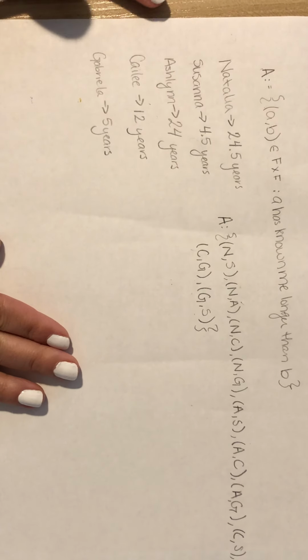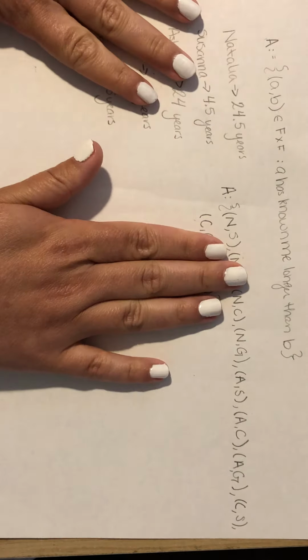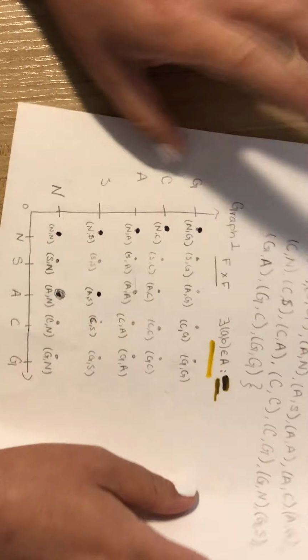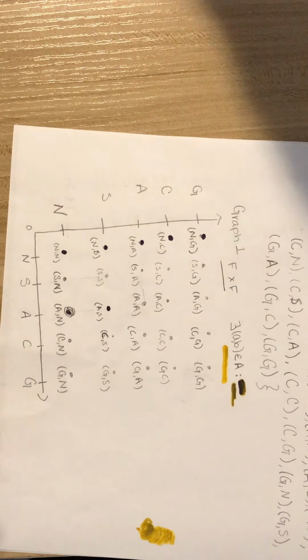Now we're going to use some colors to work set A into our other graphs, right? So let's go back to this first ordered pair graph. Excuse my outtake down there.